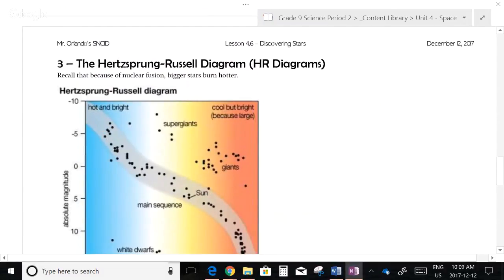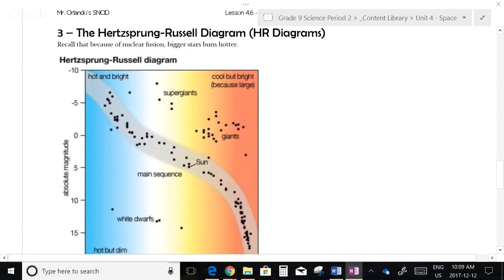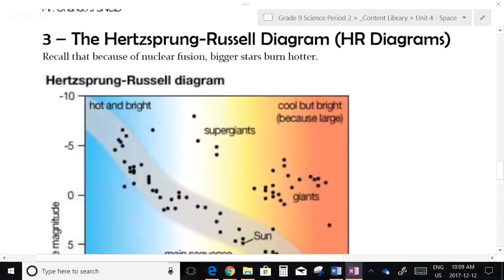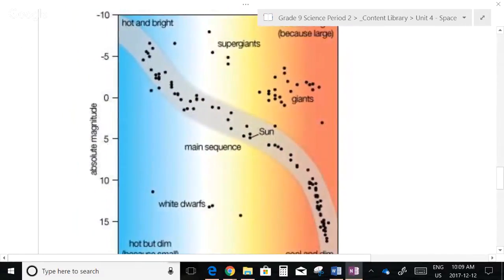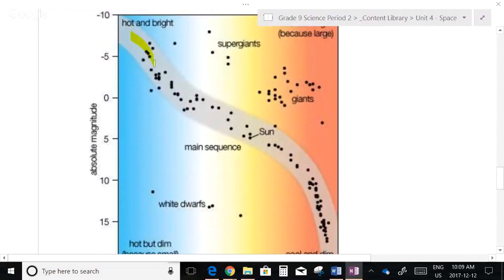And this is going to lead us to what we call the HR diagram, the Hertzsprung-Russell diagram. You do not need to remember the name. HR diagram is fine. But it's an important concept, and I hope this printed okay for you. It did, good. This pathway here is all of the standard stars.